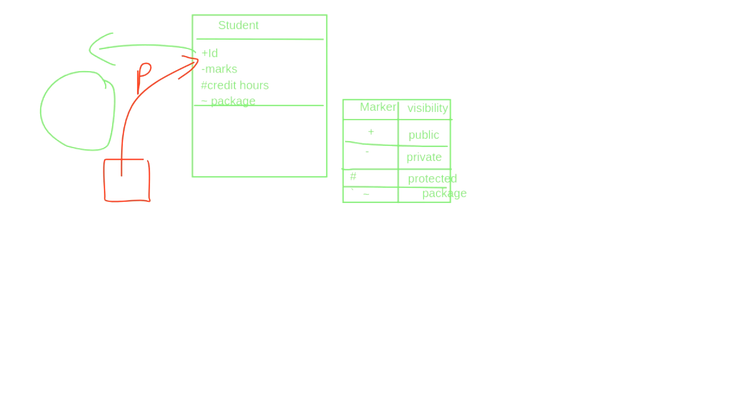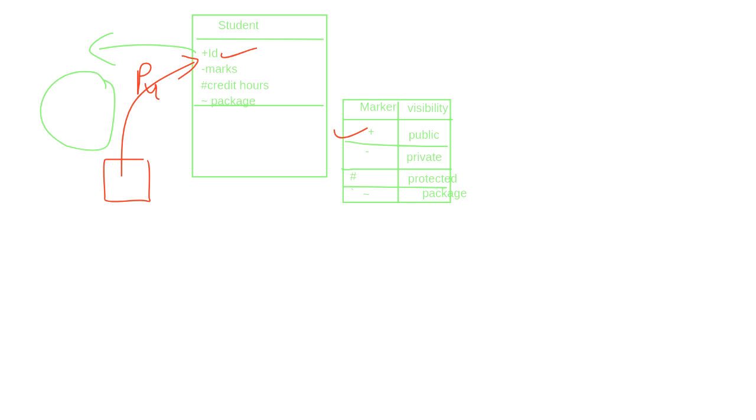Public means outside classes can also see the information. As a student, you have no problem sharing your university ID with anyone, so I make university ID public. Plus means public.